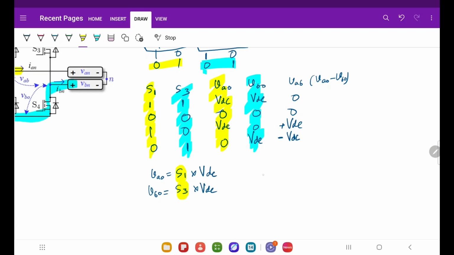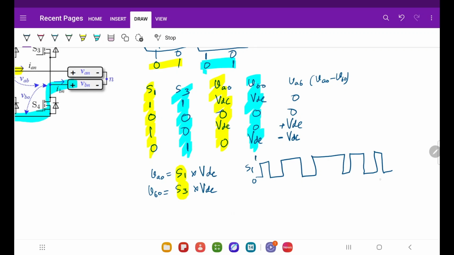So let's say this is your S1 waveform. You can easily say, let's say S1 is changing from 0 to 1. This is our wave we have defined.